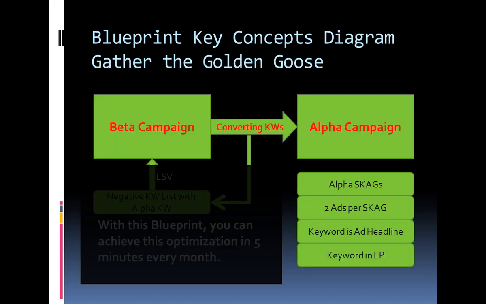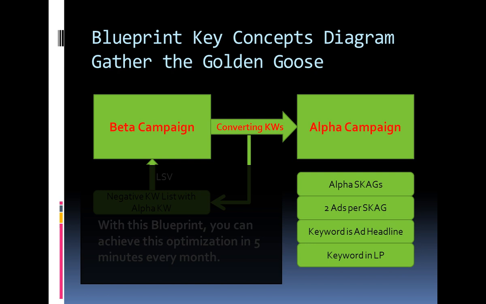Just really quickly, I want to show you the blueprint key concepts diagram. I kind of call it gather the golden goose. In module 1 we talked about the beta campaign and converting keywords.